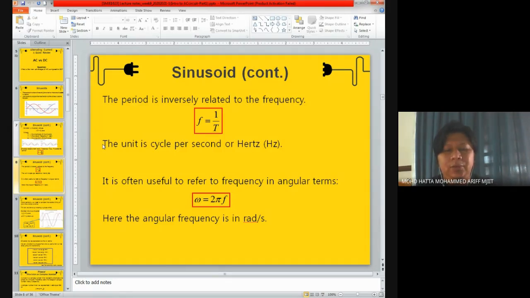So now if you know your period, you can easily calculate your frequency by using f equals 1 over T. And one more important thing is that the unit of frequency is called hertz. So the frequency unit is hertz, the period unit is second, and the unit of angular frequency is radian per second.